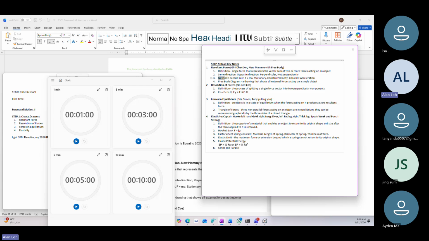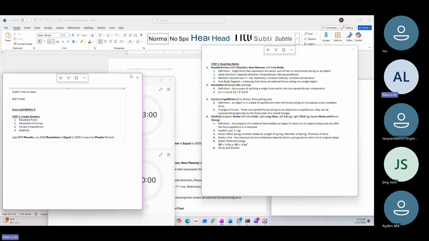Then there is something related to Newton's second law, F equals ma, and also something related to stationary, constant velocity, constant acceleration. If you don't understand fully, that's normal. If you understand fully, congratulations, continue. Then there's something related to the free body. This is about resultant force, drawer number 1, which is when you get your SPM result.